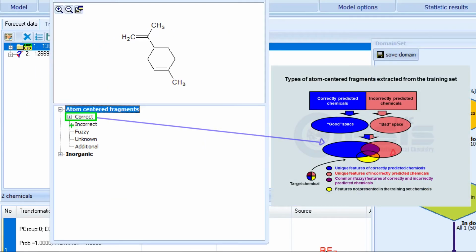The correct fragments are extracted from the training set chemicals forming the good space of the model. The incorrect fragments are extracted from the training set chemicals not correctly predicted by the model. They are forming the bad space of the model. Of course, there are fragments that are unknown. These fragments are not represented among the training set chemicals.